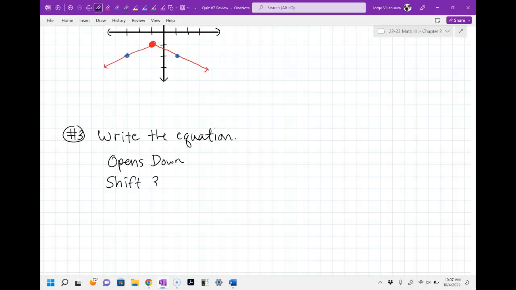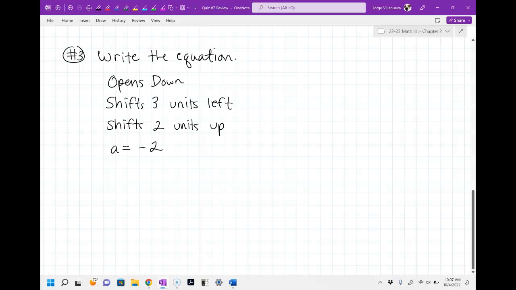Shifts 3 units left. Shifts 2 units up. A is negative 2. Your job is just to write the equation.